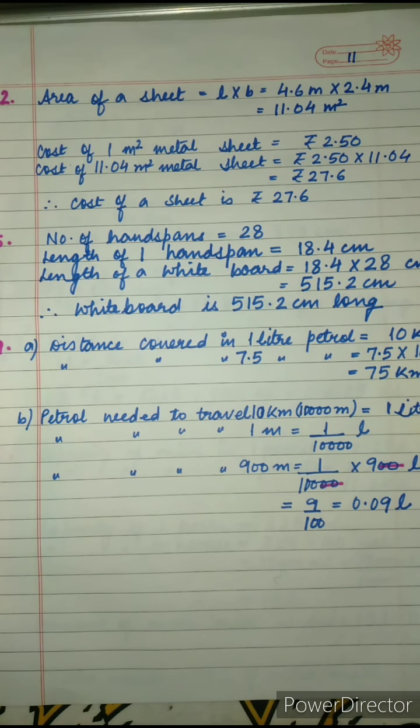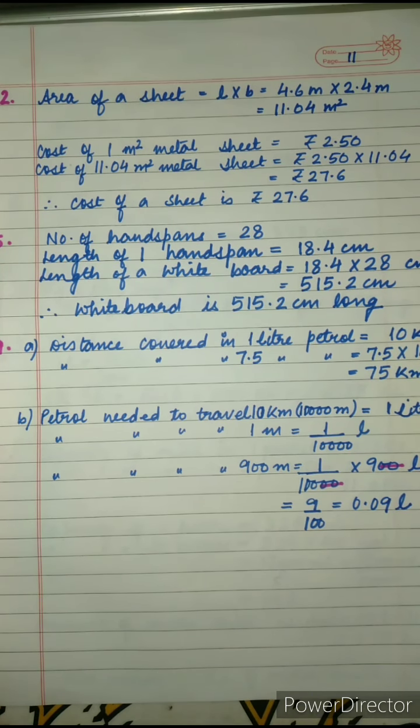Now we are also given that the cost per square meter is ₹2.50. So when we know the 1 meter square metal sheet costs ₹2.50, we can also find the cost of 11.04 meter square metal sheet. So we have multiplied 2.50 into 11.04, that will give you ₹27.6.